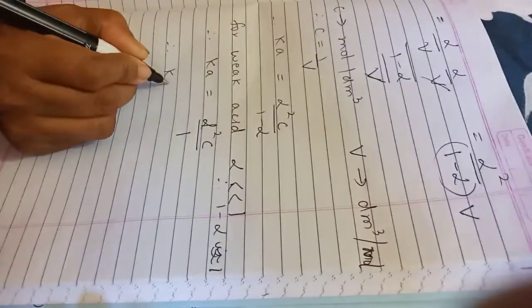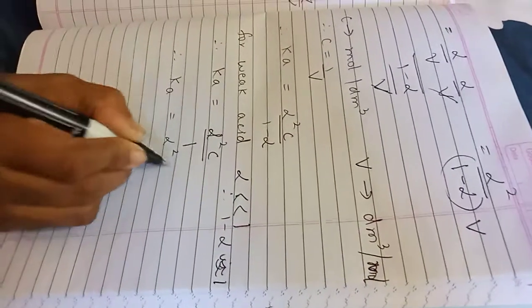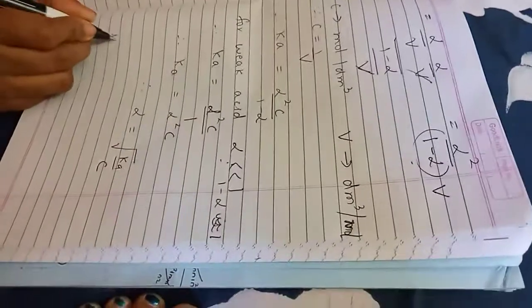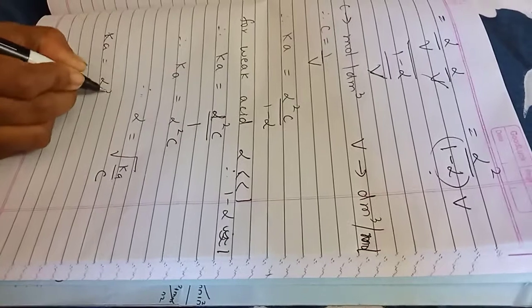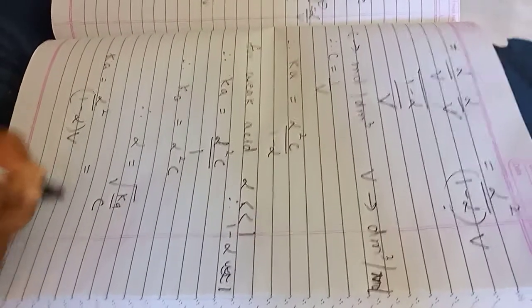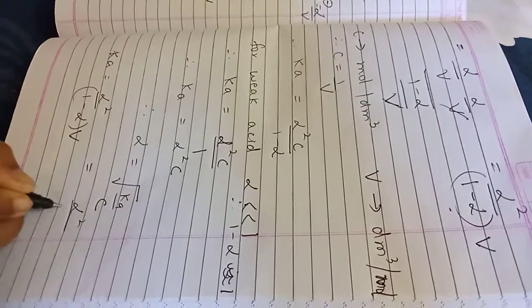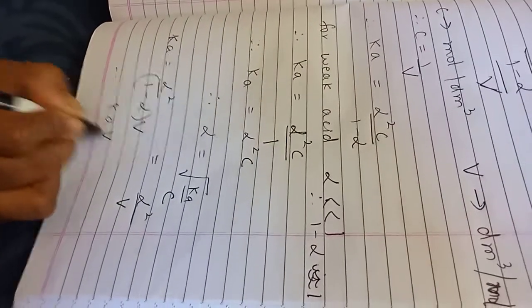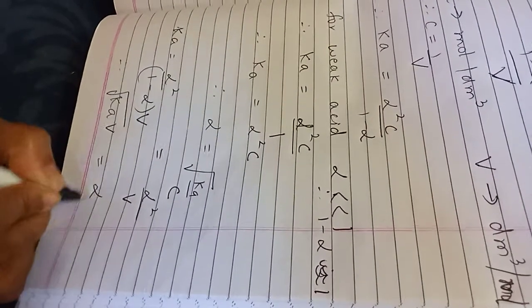Therefore Ka is equal to alpha square C, or alpha is equal to square root of Ka upon C. If I substitute it here, Ka is equal to alpha square divided by 1 minus alpha into V. 1 minus alpha can be negligible. It will be alpha square by V. Therefore square root of K into V is alpha.